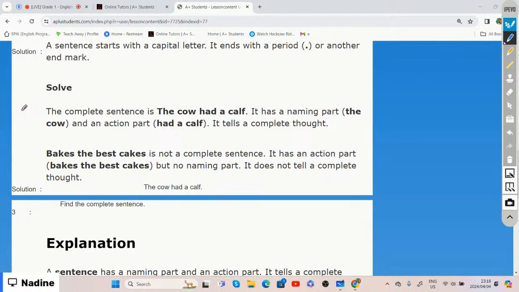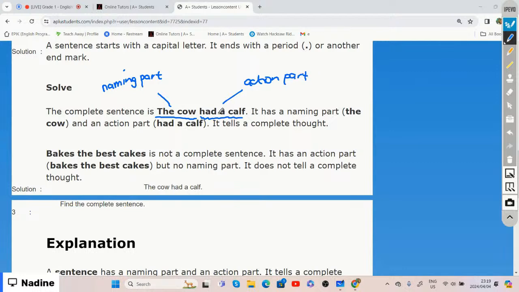So if we were to identify the naming part, then we can say "the cow" is the naming part. And then "had a calf" is the action part.